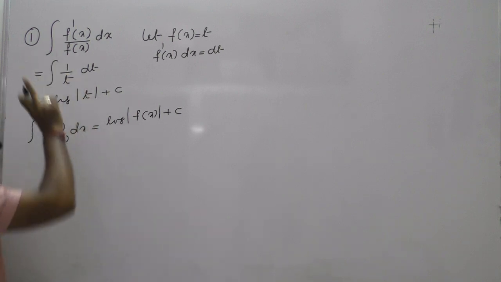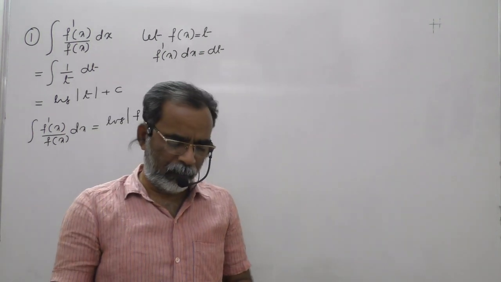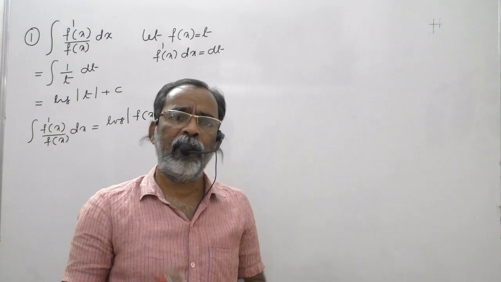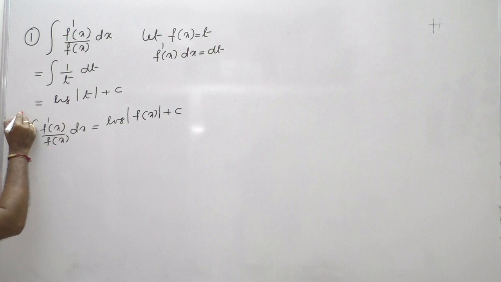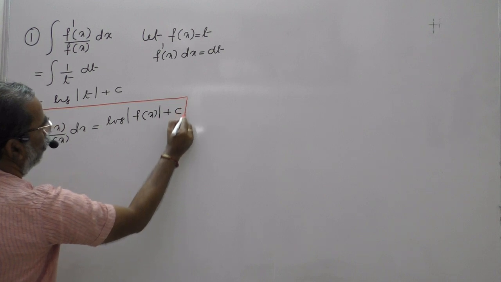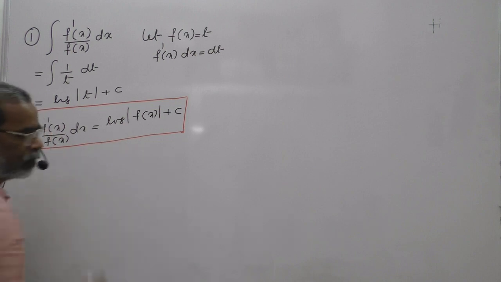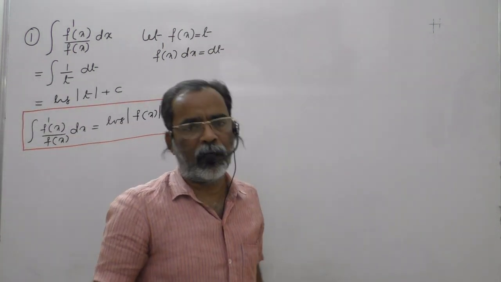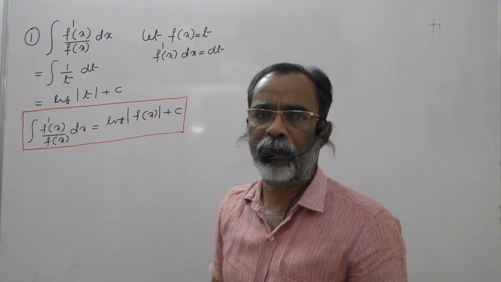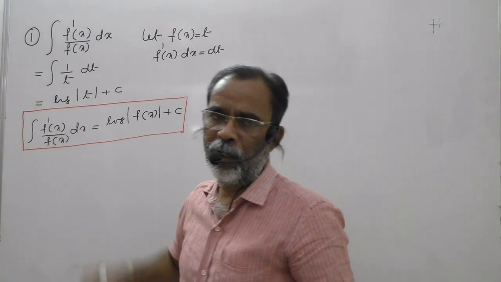So this type of problems, this type of models, come very frequently while doing problems. Therefore, we will take this as a formula. Yes, I will write it in the box. What is this formula? Integral f dash x by f of x dx is log of mod f of x. This can be applied when the integrand is of this type.